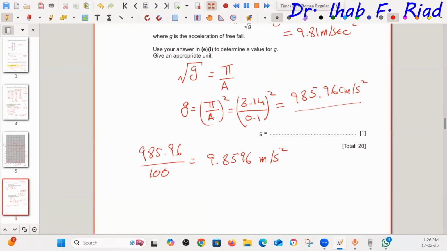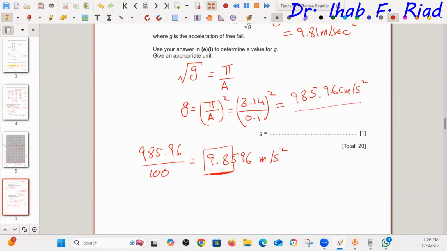Yes. Okay. Are we going to report everything? No. We are not going to report the whole thing. What we are going to keep is only two significant figures. I will keep only two significant figures.